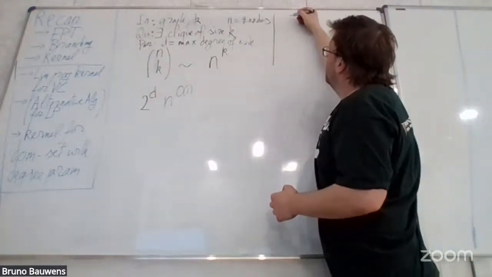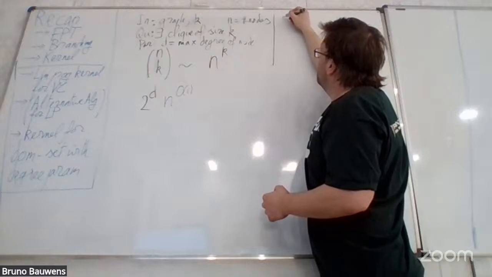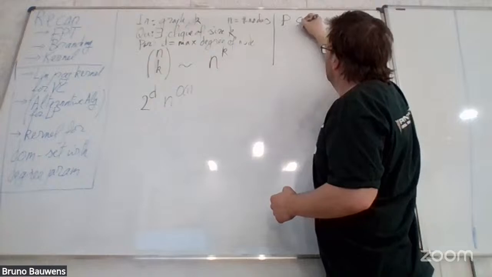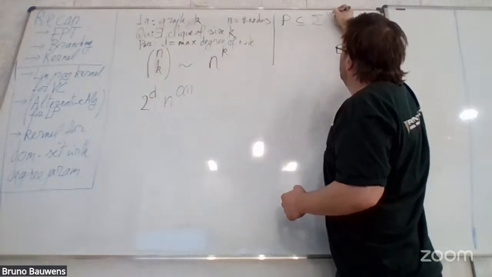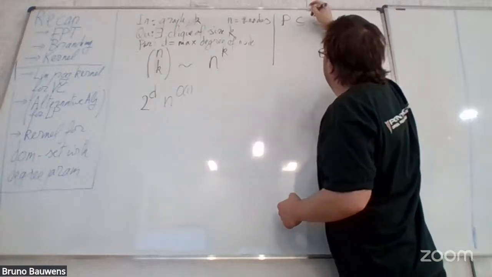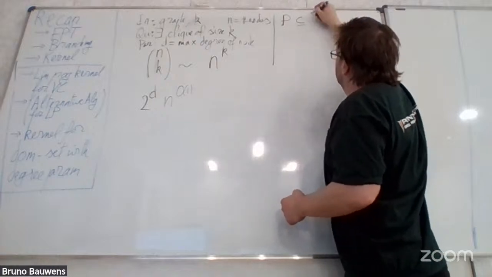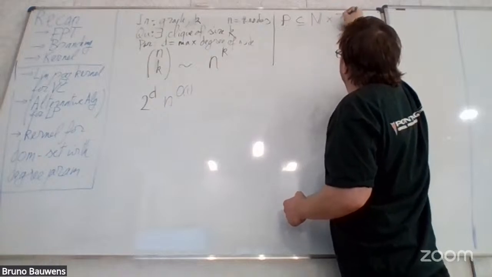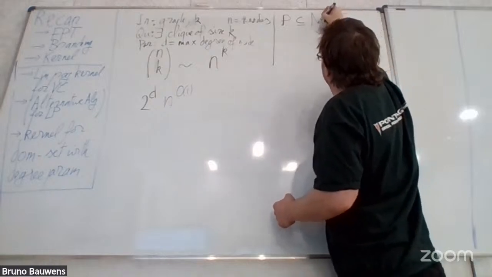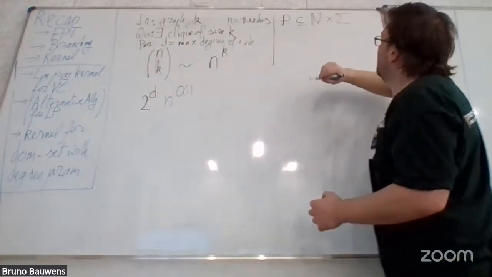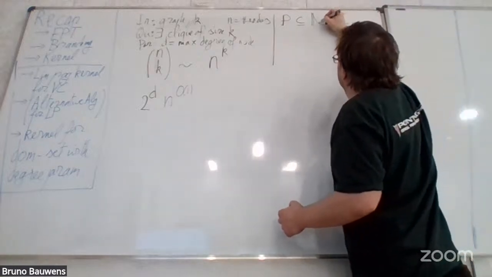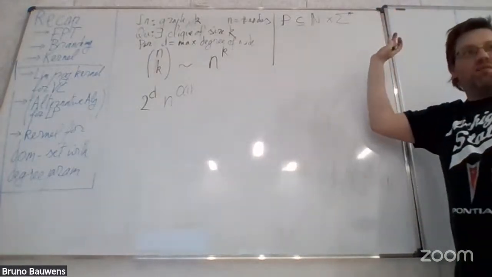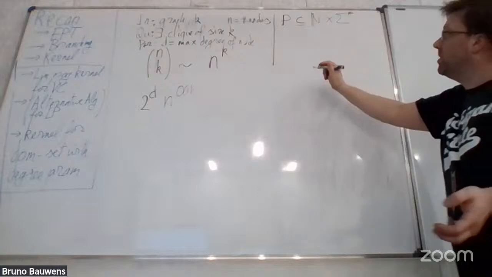A parameterized problem is a subset not of strings but of parameter times strings, where sigma is some alphabet, usually binary, but it can be any alphabet.